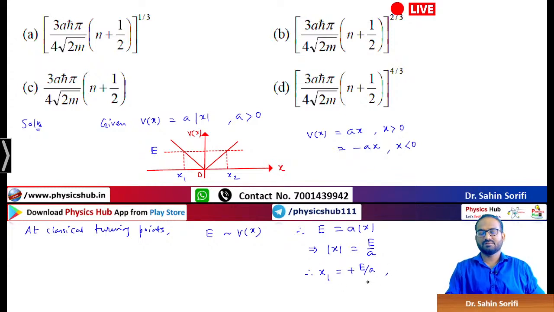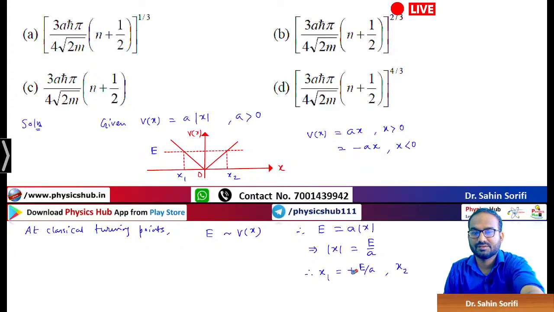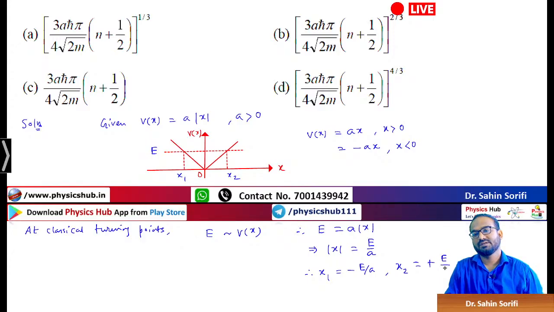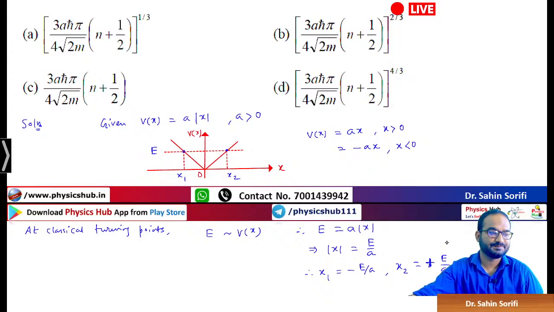Let's say one value is x1 equals minus E by a, and x2 equals plus E by a, because x can take two values. So at what two values is E equal to a mod x? You can see it is at x2, and at x1 this criteria is satisfied. So obviously x1 is minus E by a and x2 is plus E by a. I hope this is clear.